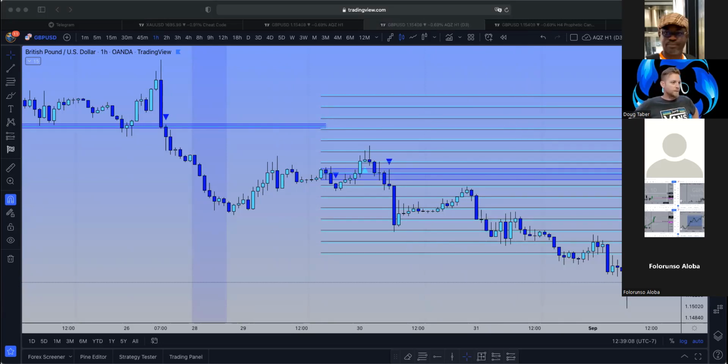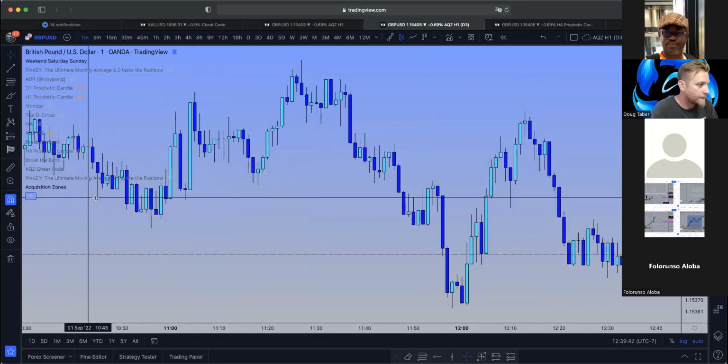Does it work on the M1 on the monthly? I don't have a frequency to work on the monthly time frame. On the minute time frame? Yeah.